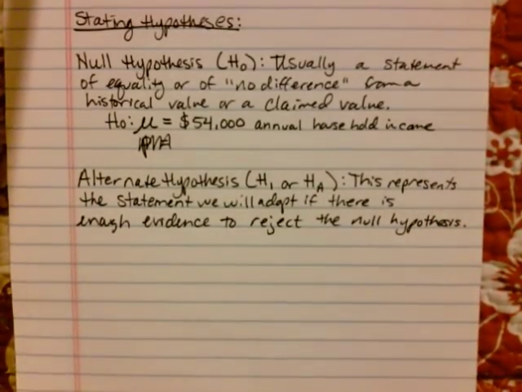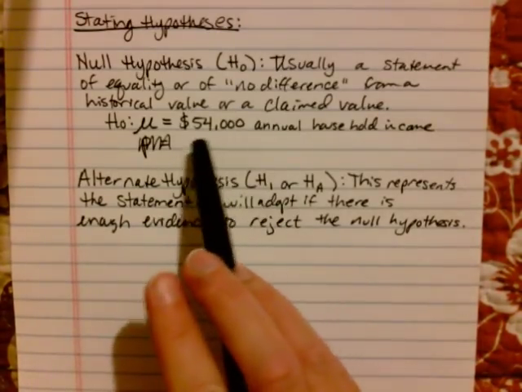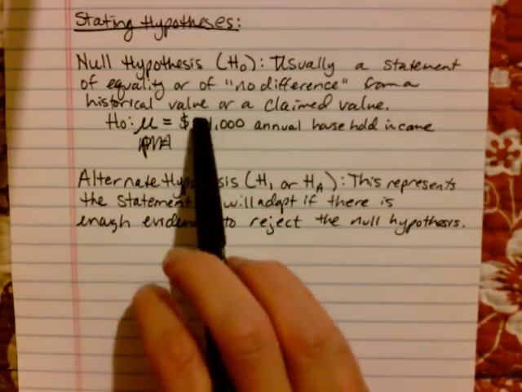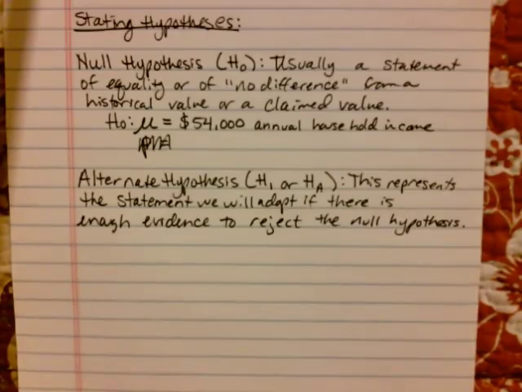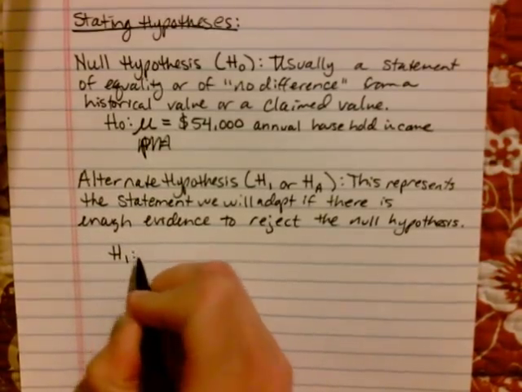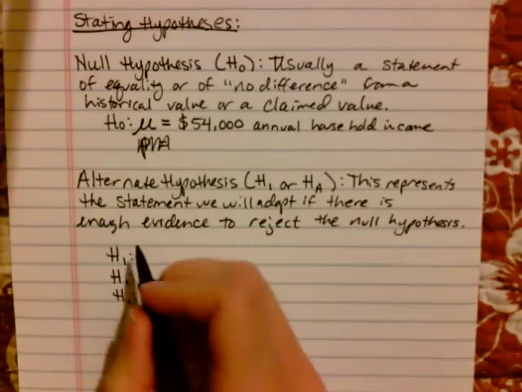Okay, so if it turns out we collect some data and the data that we collect make this seem to be an unreasonable value, then we would end up rejecting the null and showing evidence in favor of the alternate hypothesis. Now you have three different options for your alternate hypothesis.